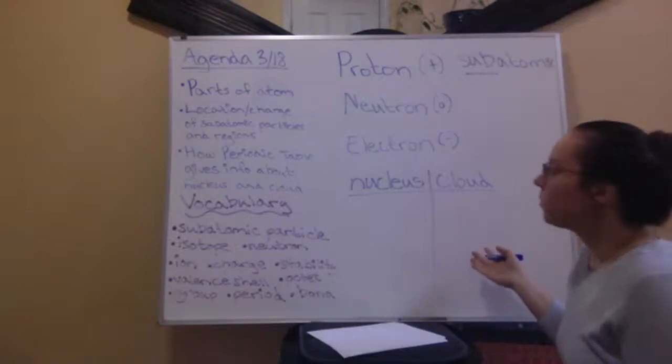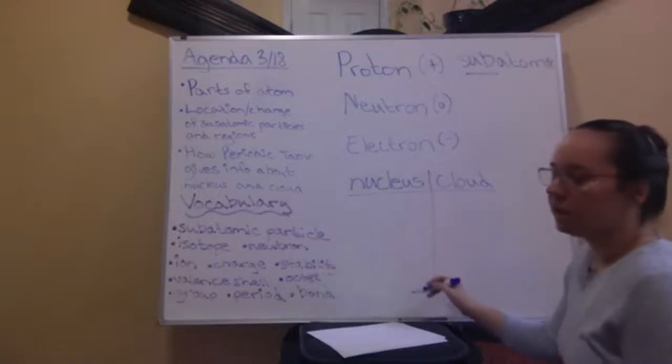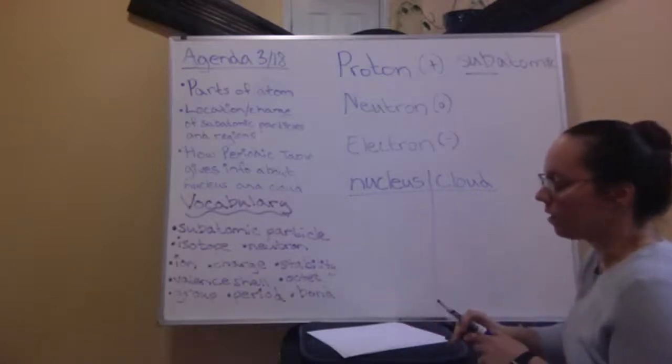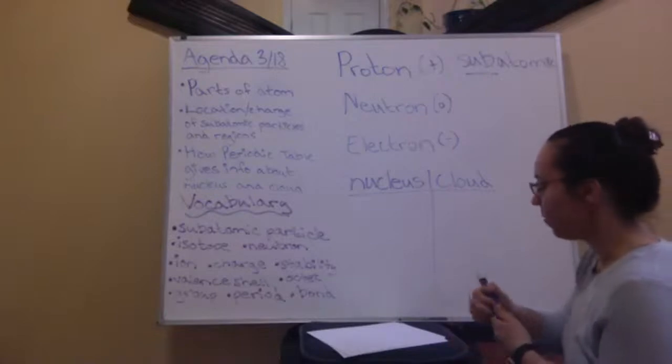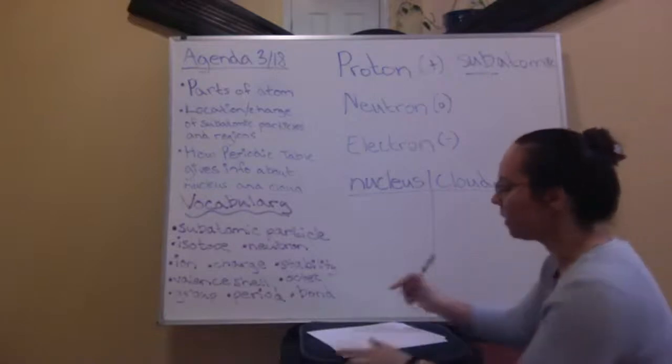Every piece of information that has to do with the nucleus or the cloud, we're going to write in here to consolidate what you know about the atom and how it relates to the periodic table. I'm going to write it down on my piece of paper, and I'll show you what I have, and then I'll keep you updated.